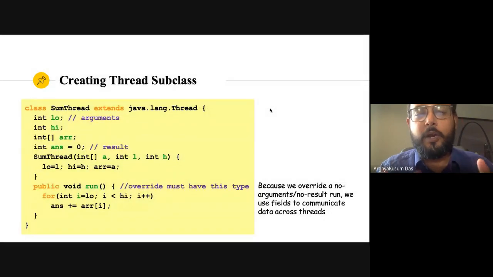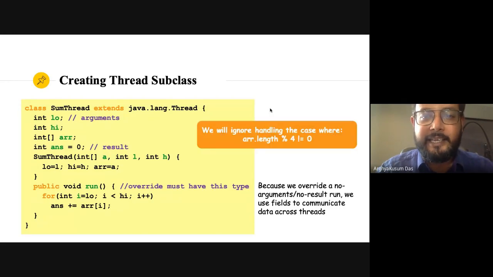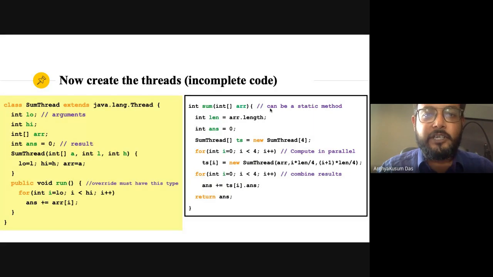I also showed you how to create the thread subclass, and step by step, how you can implement a Java code. At the same time, I have shared all the code with Dr. Gajjar.